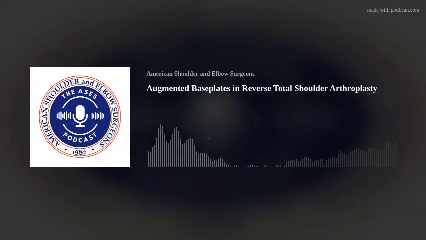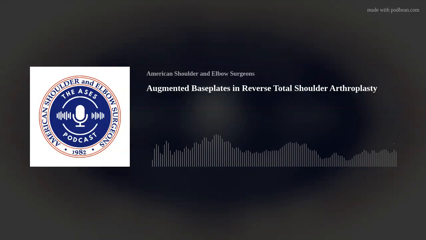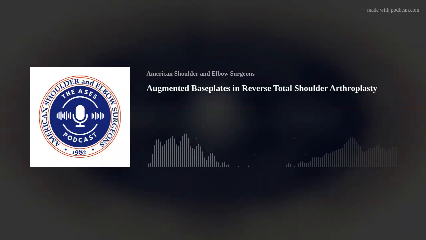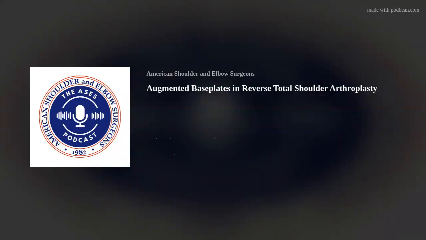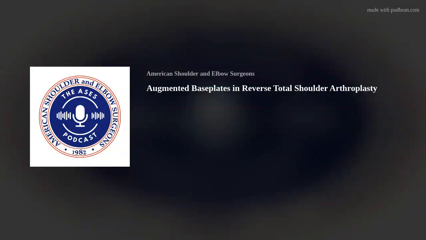So if we have an easy to use augment, I think we use that. If it's easy to use a graft, we use that. If we can adapt, I think whatever it takes to get to that position where you get ingrowth and fixation, a lot of good surgeons can get to that in different ways.